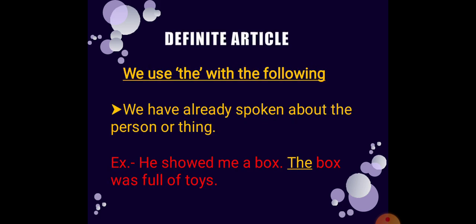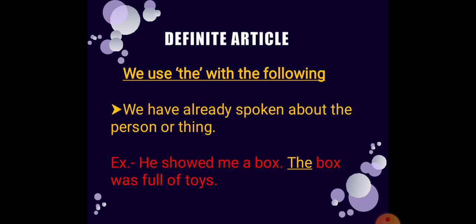Next comes the definite article. And the is the definite article. We use the with the following. We have already spoken about the person or thing. So we use the when we have already spoken about a thing or person. See the examples. He showed me a box.